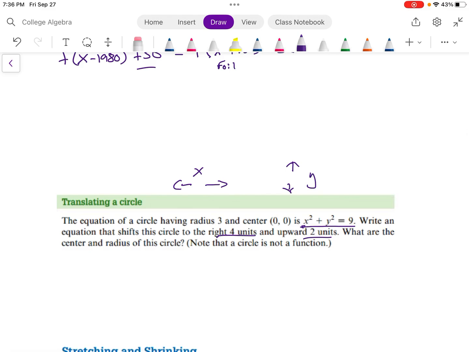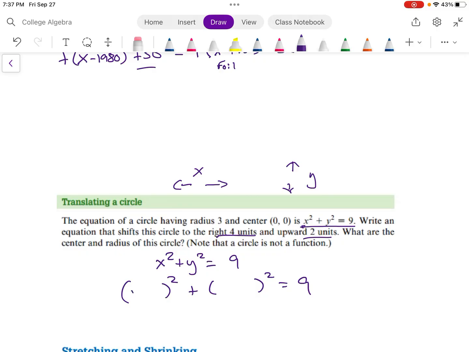So when we look at our equation of a circle, which is x squared plus y squared equals 9, now I have to go through and say, all right, I need to put, basically for each part here, a binomial where the x and the y's are. So now since we're going into the binomials, we do the opposite of what it says.